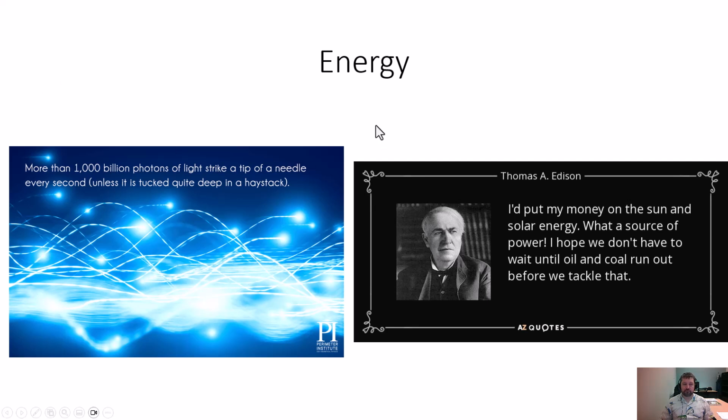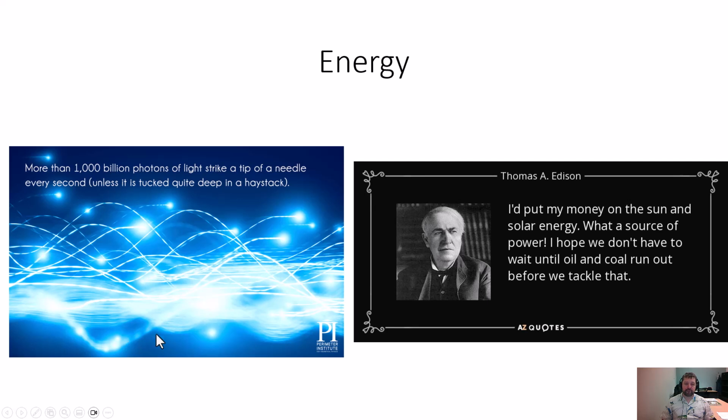But I want to share a couple quotes and statements that have been put out there. This one: more than 1,000 billion photons of light strike the tip of a needle every second. Of course, unless that needle is tucked away where photons can't hit it.